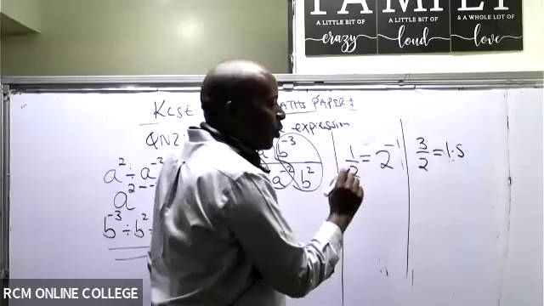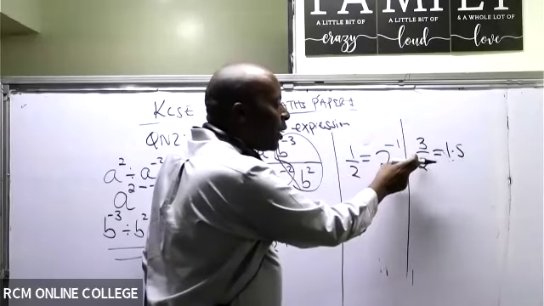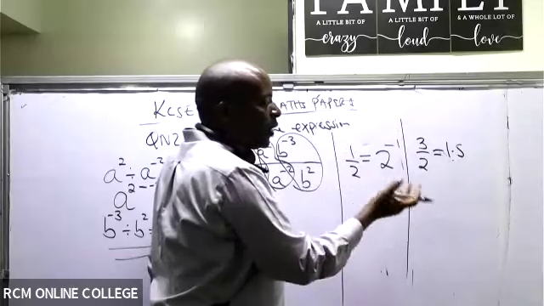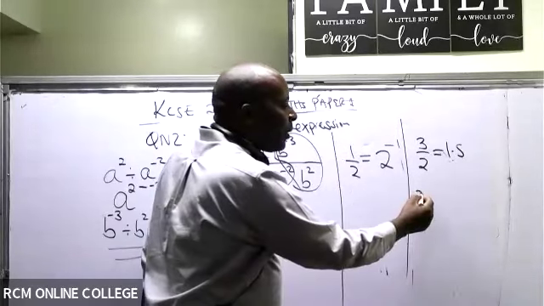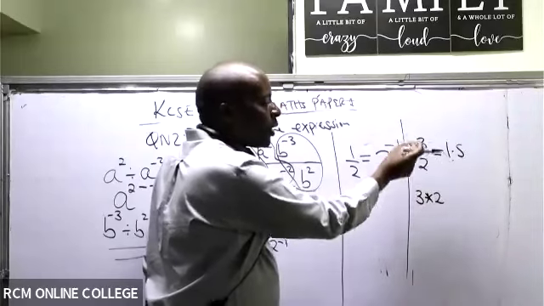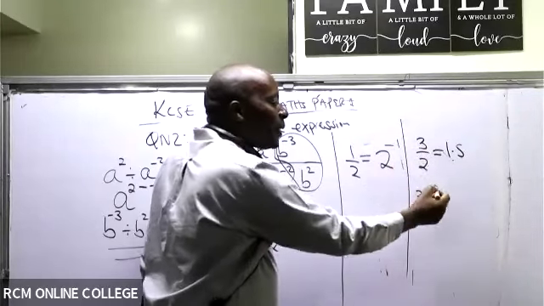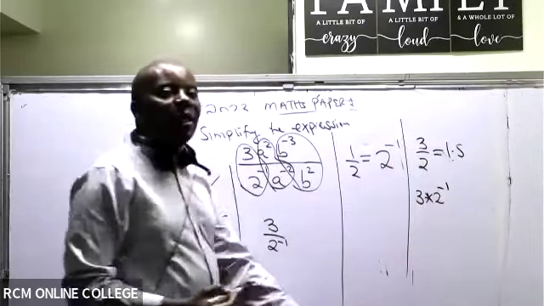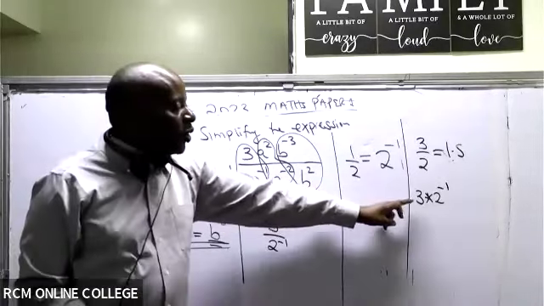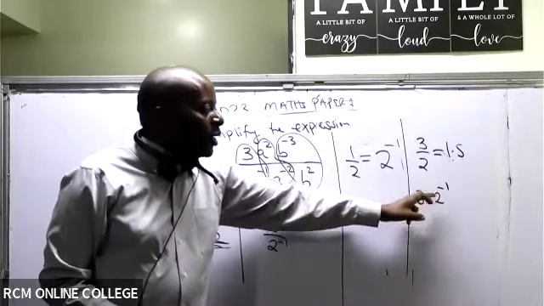Now, let me ask you a question. What if I was to take this denominator to become part of the numerator? What I'll do is say 3 times 2, but because this has changed position, I must introduce what here, bar 1. Please, from your calculators, can you kindly say 3 times 2 raised to minus 1?